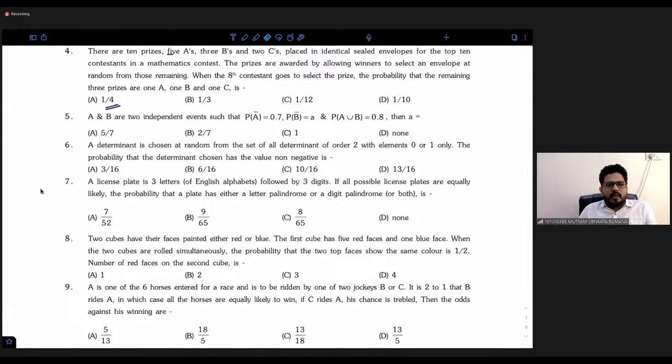So we are getting 1 by 24, but your answer is 1 by 4. So you people are saying the additional 3 factorial is coming from where? Maybe because of this one, identical sealed envelopes.